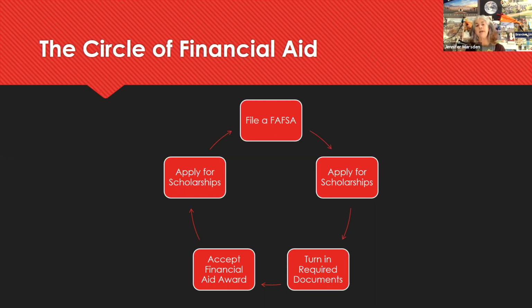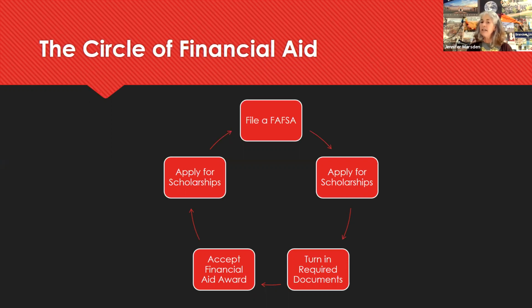And the last thing I'll say on the CSS profile before I stop the recording: if your student applies to private schools and the colleges are contacting you and saying, we don't really understand this part of the CSS, what you put here about this rental property you have, or, we need you to submit this document, and you're like, really, I have to do more?